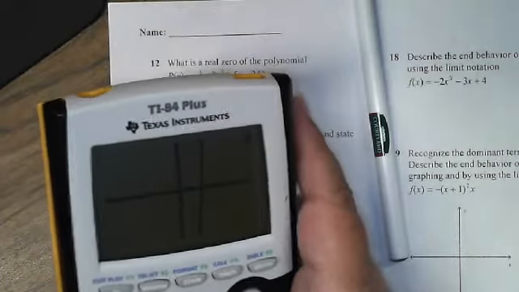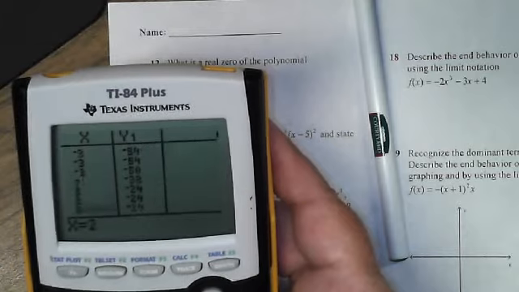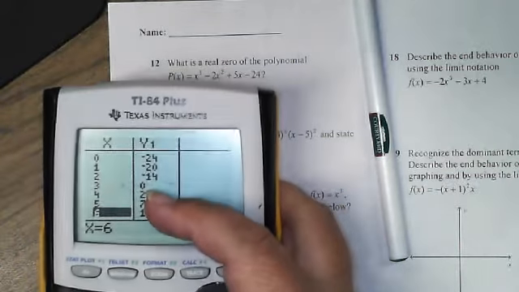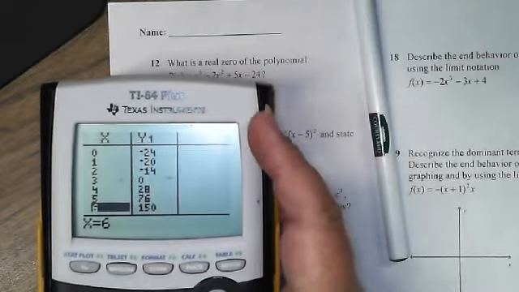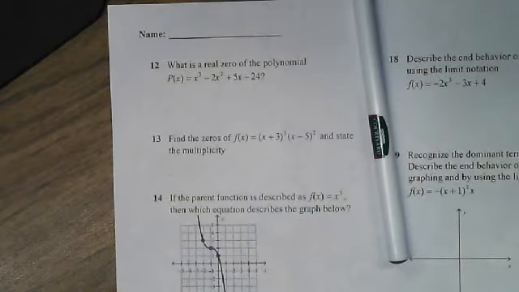You can also hit your table. And there's one of your zeros right there, positive 3. 3 is a 0. That's the only one I see.